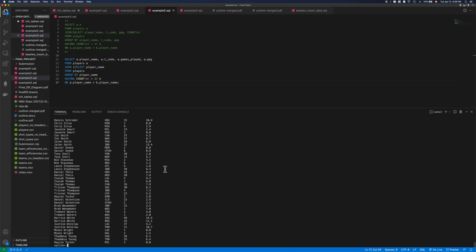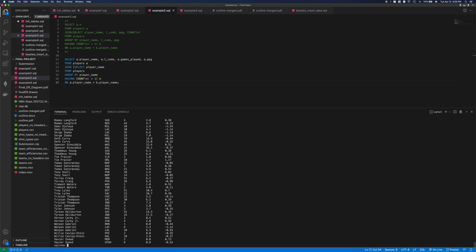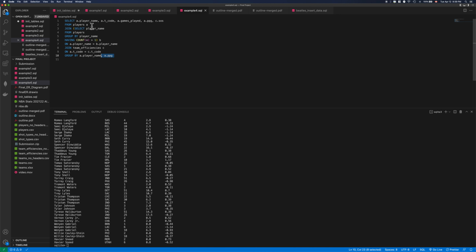I have my fourth example, my final example, right here, that just goes over the player name, their team code, the games that they played, and the points that they average with that team. So it's building off of example 3, but I also look at the team efficiency, so when they were on that team, how difficult of a season they had.